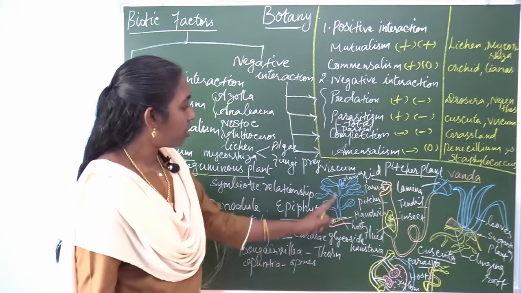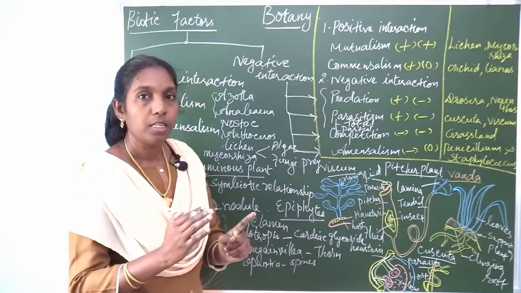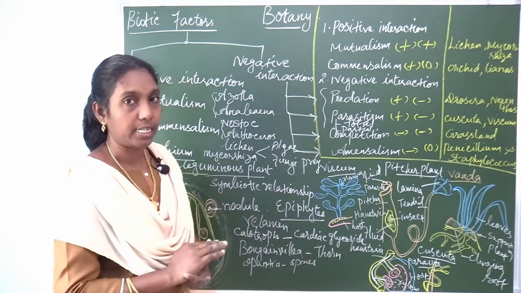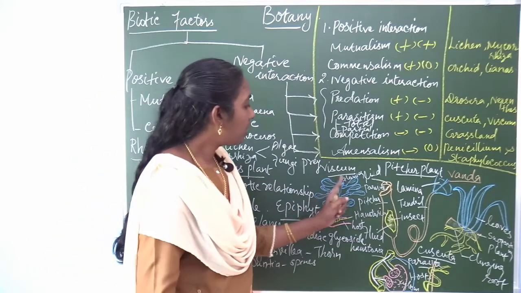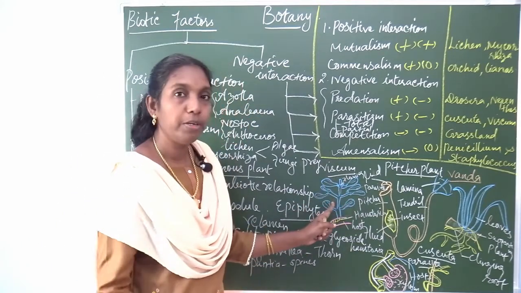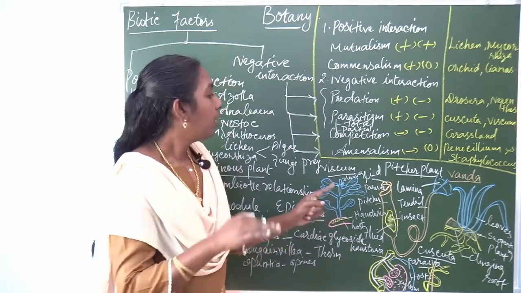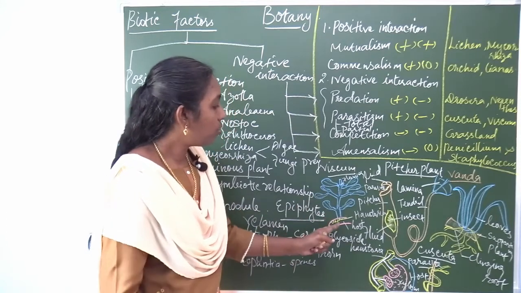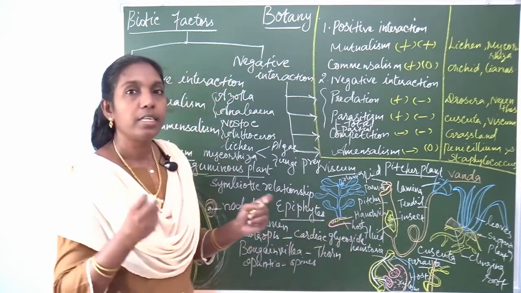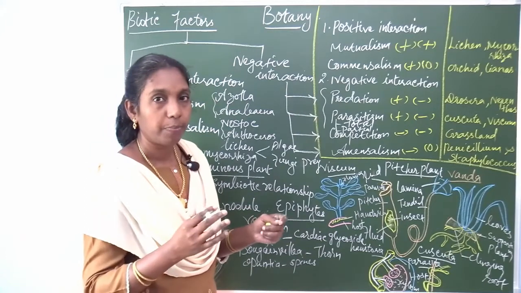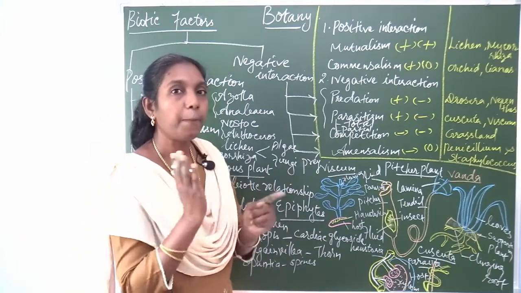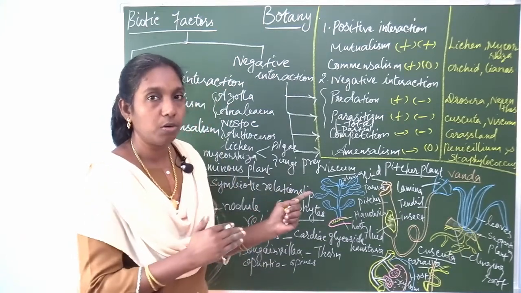This is the diagram of Viscum, a partial parasite. The leaves are green in color, so it is able to synthesize its food. But partially, through the haustoria, it takes water, and only in part does it depend upon the host.